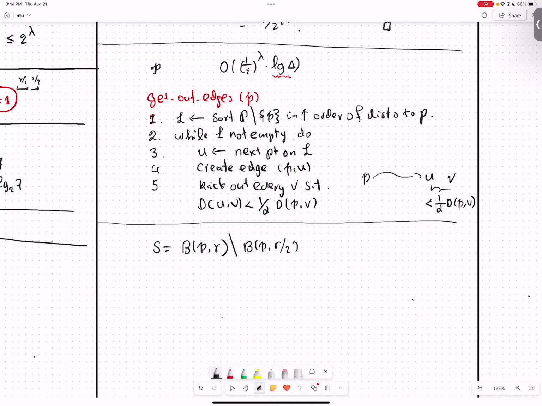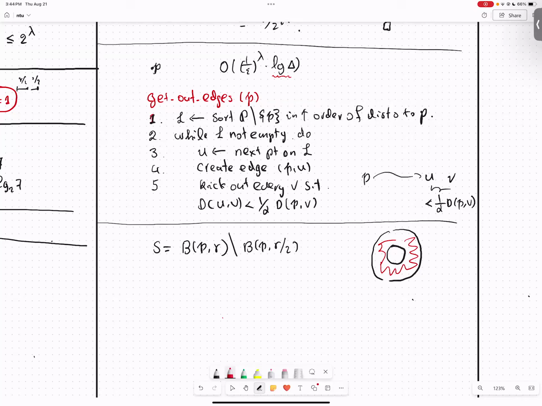Geometrically speaking, that's the ball, radius r. Now let's say this is r/2. So what I want is everything in here, and I do not want the boundary of the inner ball. The boundary of the inner ball is excluded. So that's the donut, right?